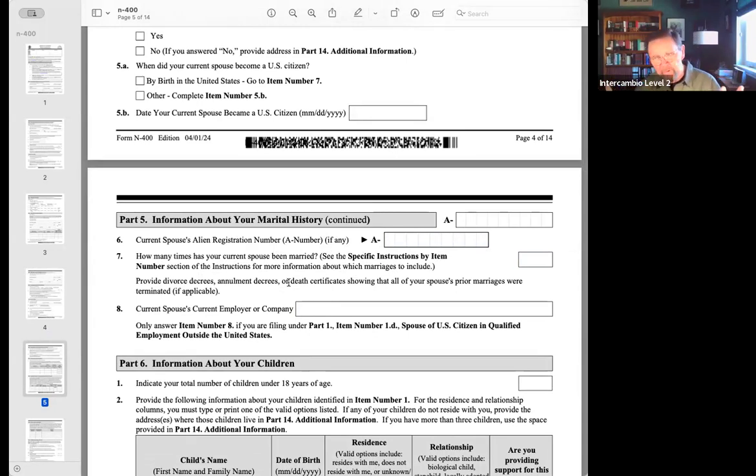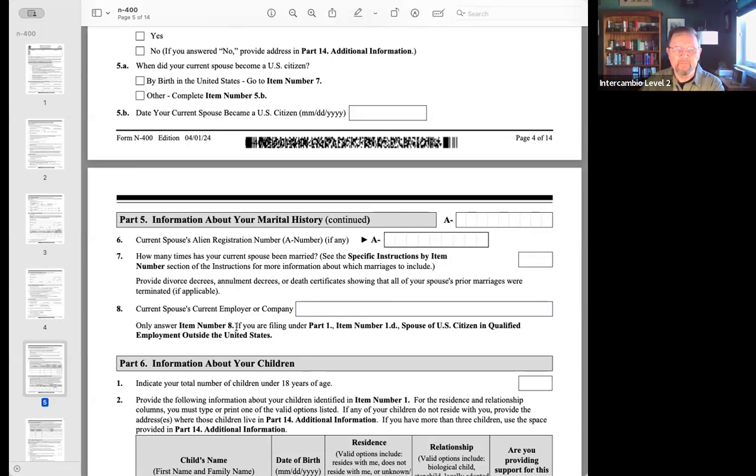And if they've been married more than once, you have to provide that for each of the marriages. So this could be quite complicated and require quite a bit of information from you. Your current spouse's current employer or company, and if they are not working, you just put NA or not employed or retired or something.